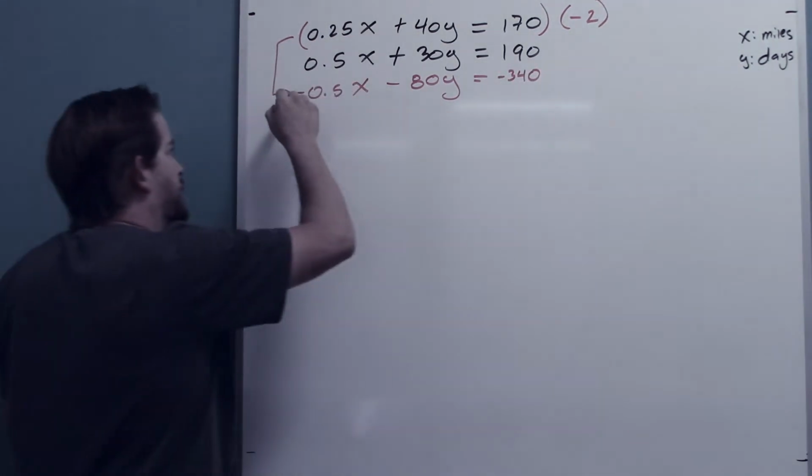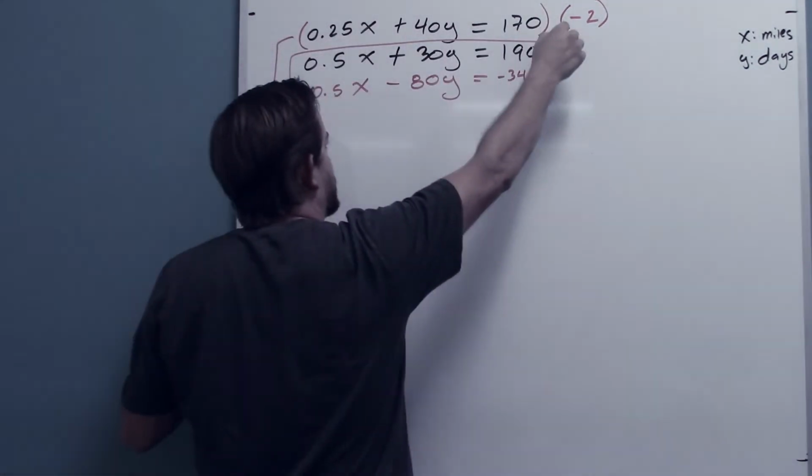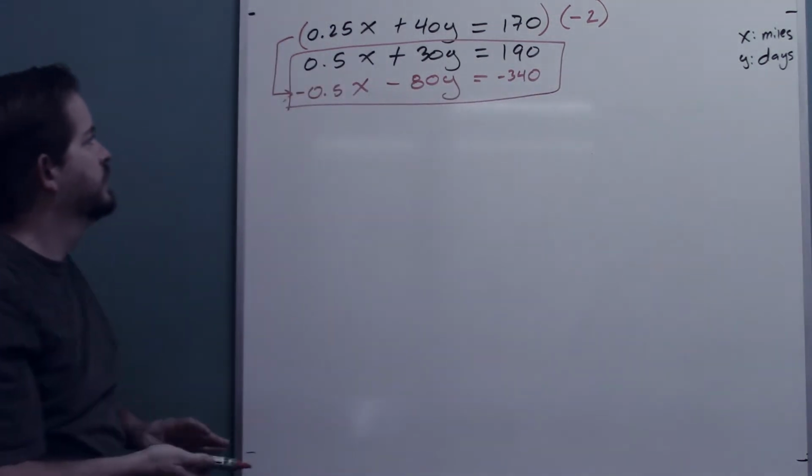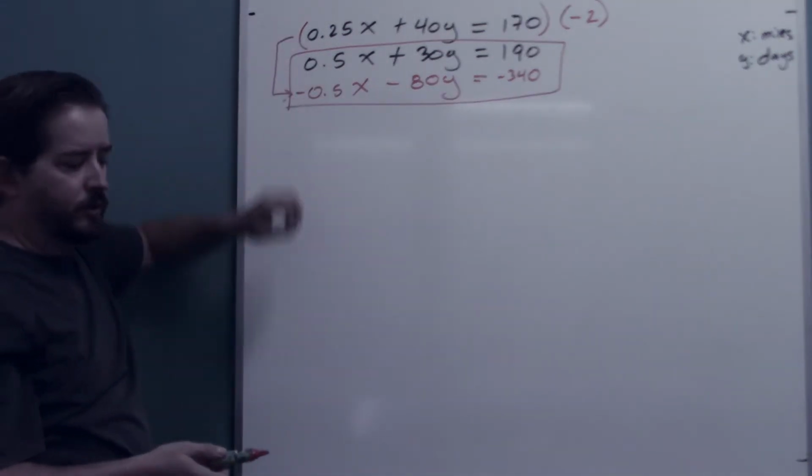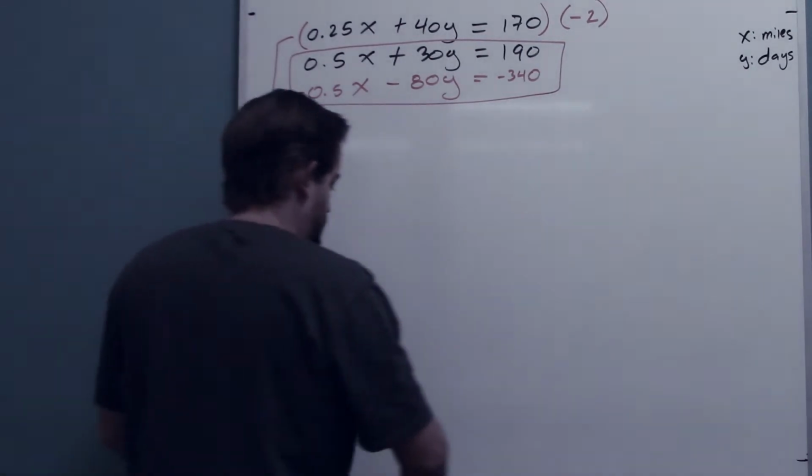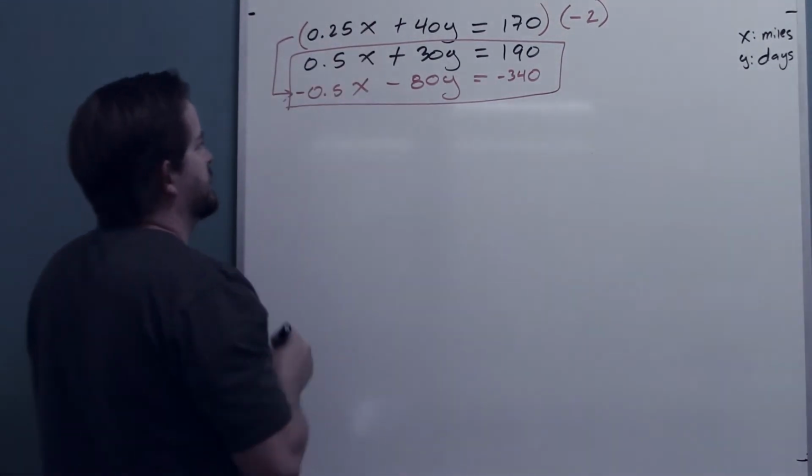I'm going to add these two equations together. 0.5x and -0.5x disappear, and I get 0 x's.